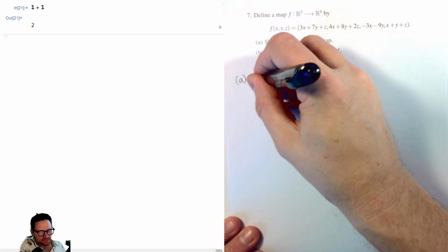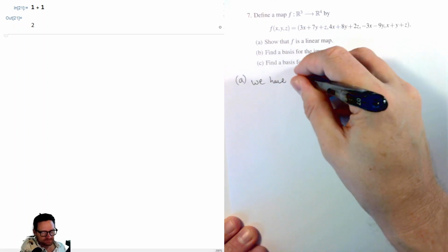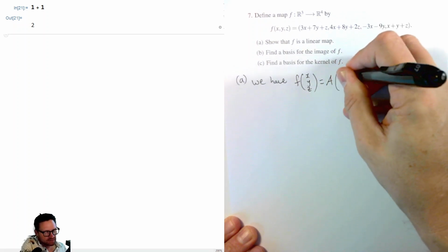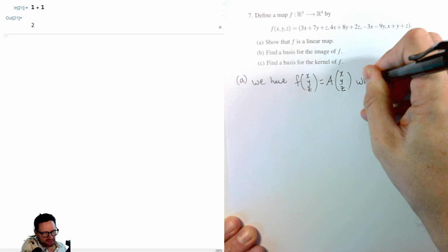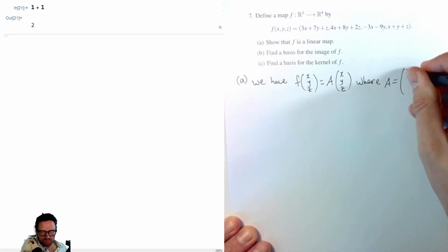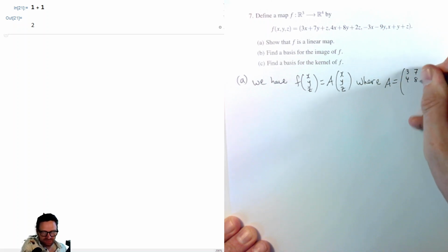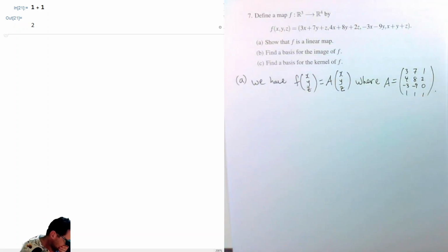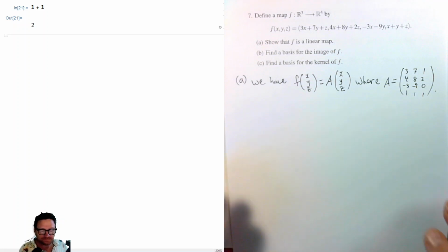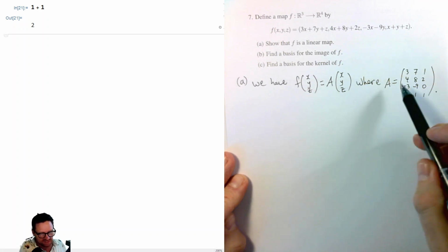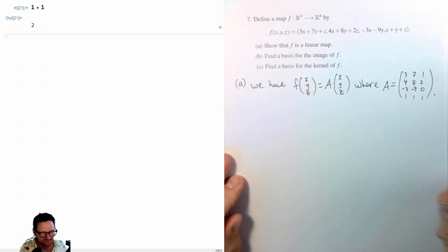So note, we have f of x, y, z is equal to A times x, y, z, where A is the matrix 3, 7, 1, 4, 8, 2, minus 3, minus 9, 0, 1, 1, 1. Okay, so just from this, because it's matrix multiplication, this means that it's a linear map, and this is a result of one of the previous theorems.